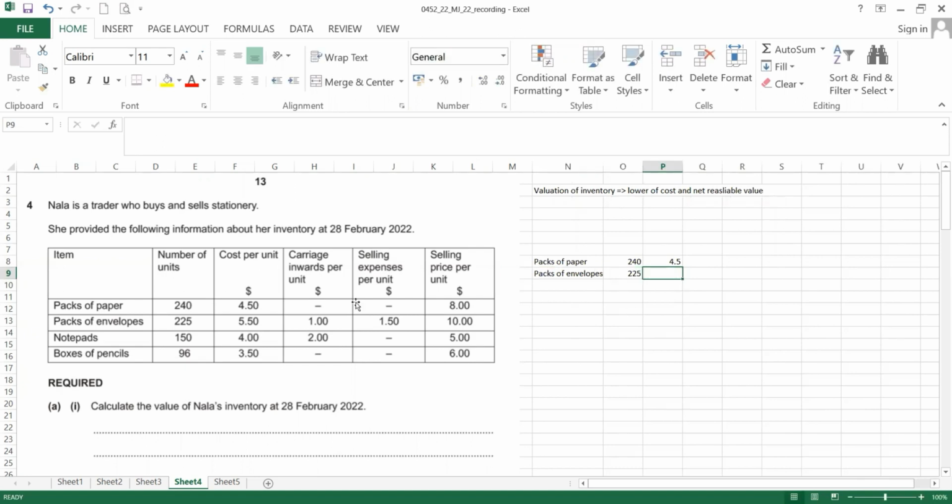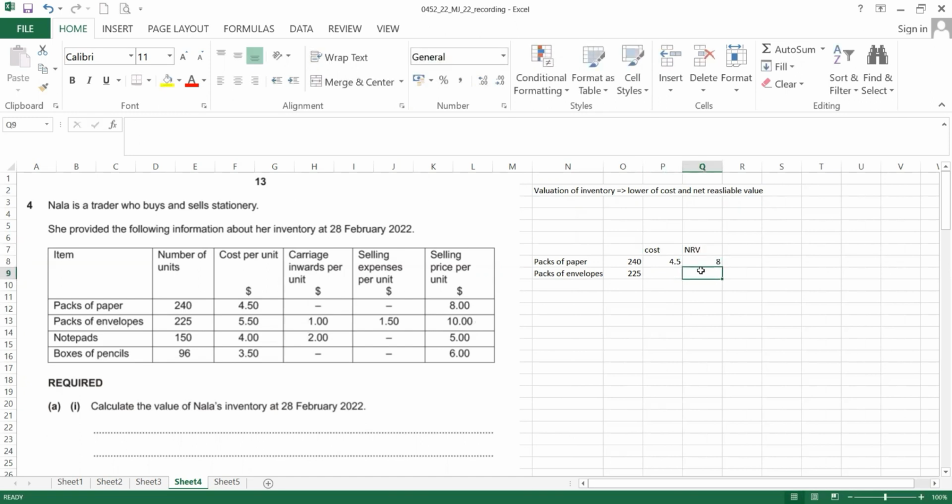And we have carriage inward. Carriage inward total add up is $6.50. Selling expenses. So let me see. This is the cost. This is net realizable value.